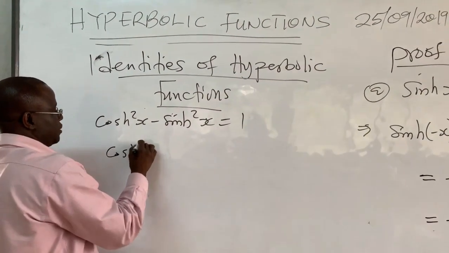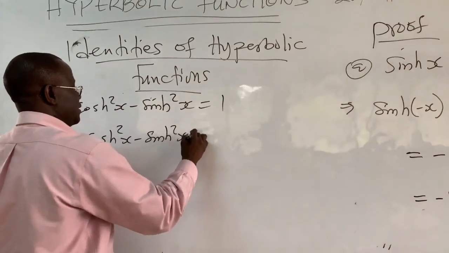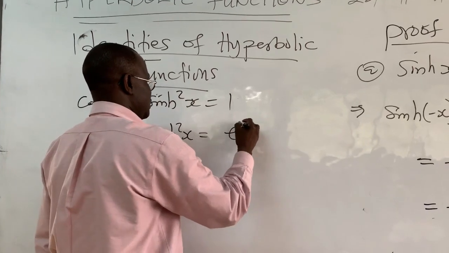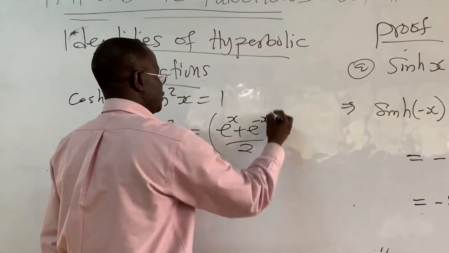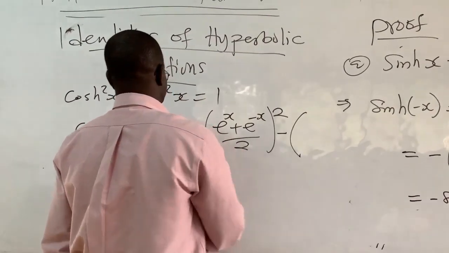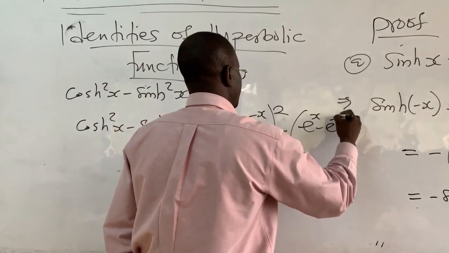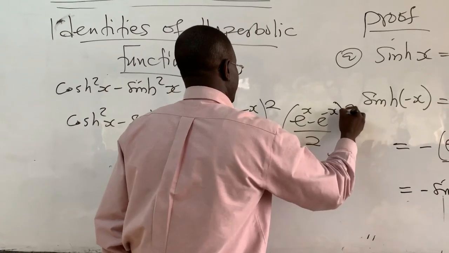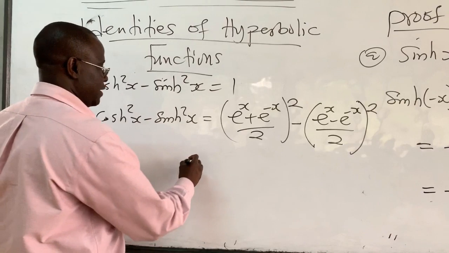Cosh squared x minus sinh squared x. This is equal to, by definition, cosh is e to the x plus e to the negative x over 2. I'm going to square this. I have minus, by definition, sinh is e to the x minus e to the minus x over 2. I'm going to square this. So manipulate this to see whether you get 1. That's the idea.